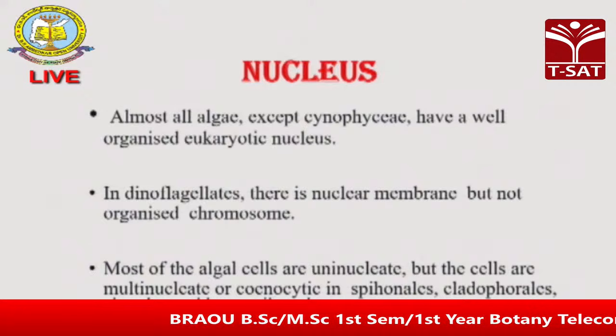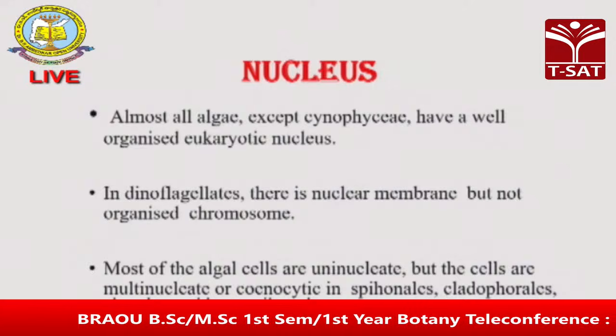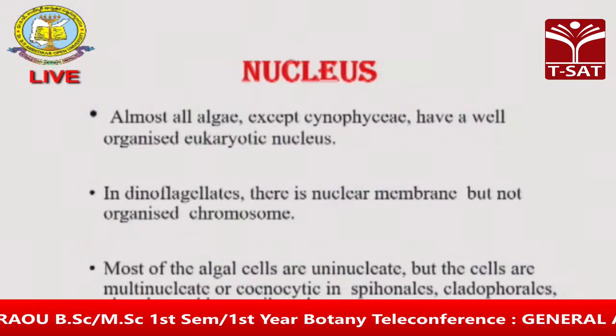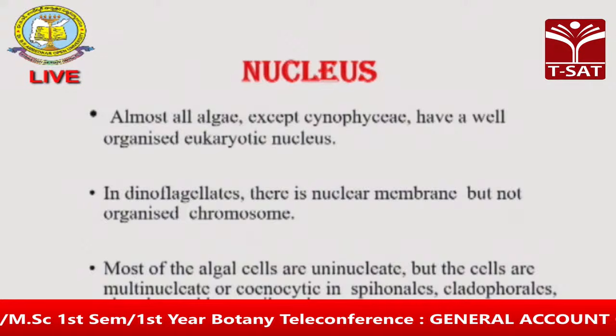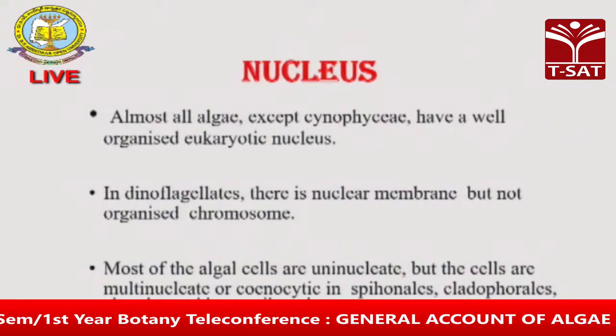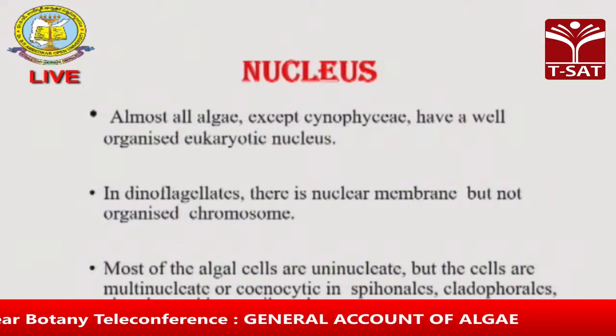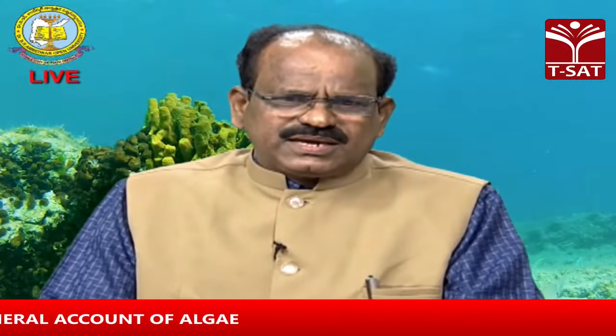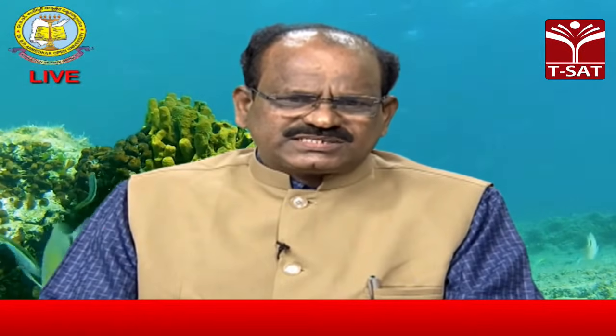The nucleus is also a very important component; except in Cyanophyceae, almost all the other algae have a nucleus. Besides that, in dinoflagellates there is a nuclear membrane but not the chromosome component. The majority of algal cells are unicellular, but some are multicellular and coenocytic.